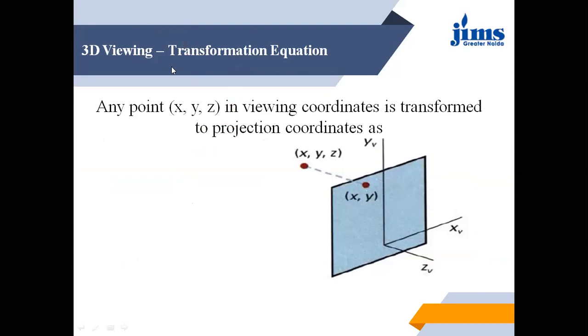For an example, we have to project this 3D object on a projection plane or on an image. Then we have to perform the operation one by one. First, we will perform the operation on this pixel, then on this pixel, then on this pixel.